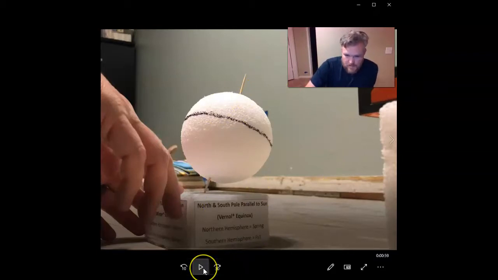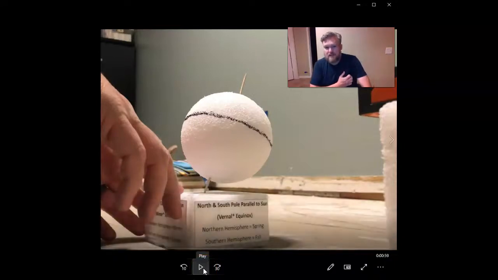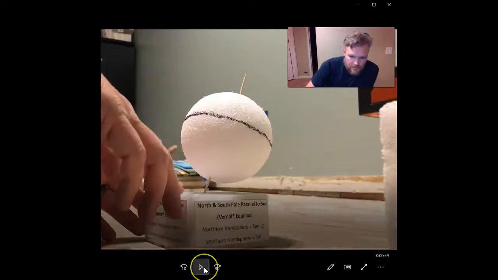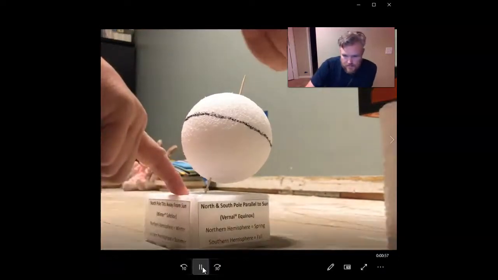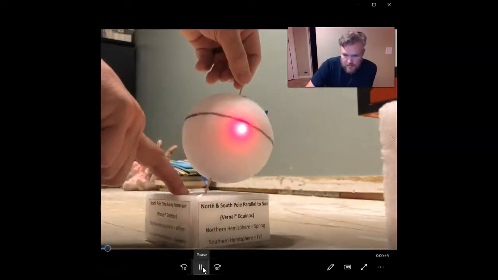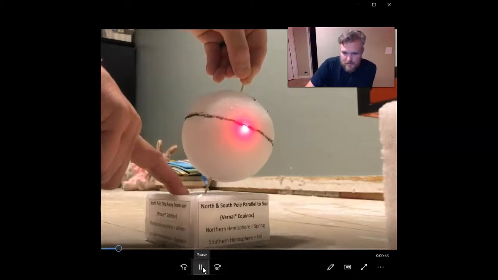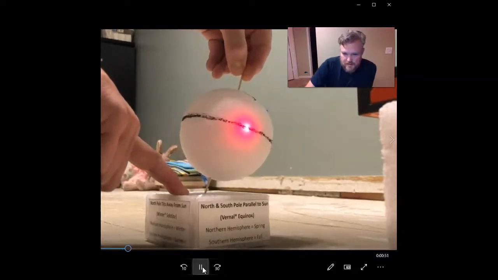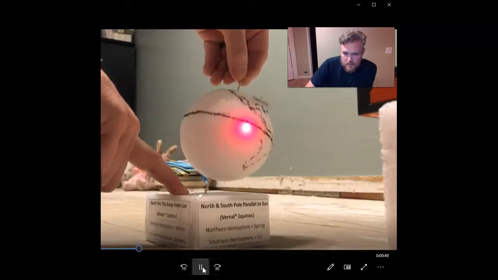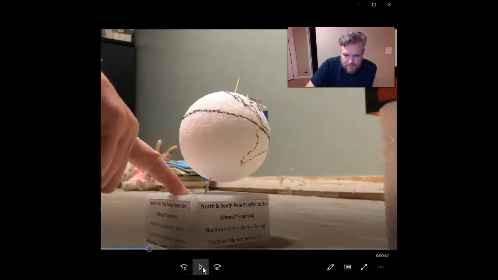In this case, this would be the vernal equinox for us because it's springtime. We just moved from winter to spring. And if we fire up that laser, notice it hits pretty close to the equator. Couldn't get it exactly right, but it's pretty close, and then it tracks along that same equatorial path, right?